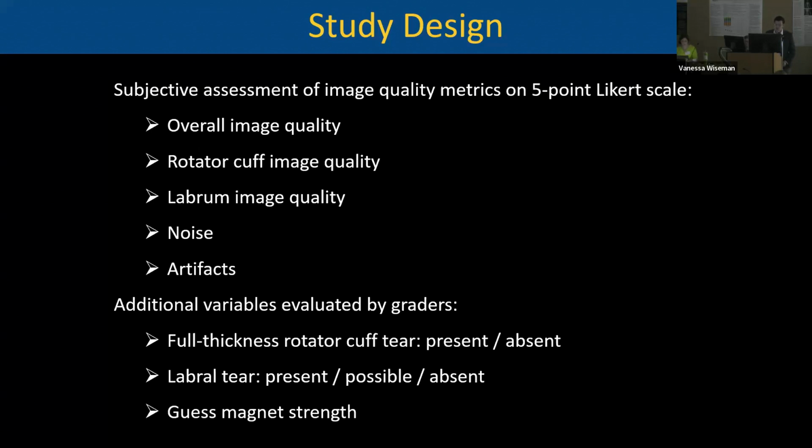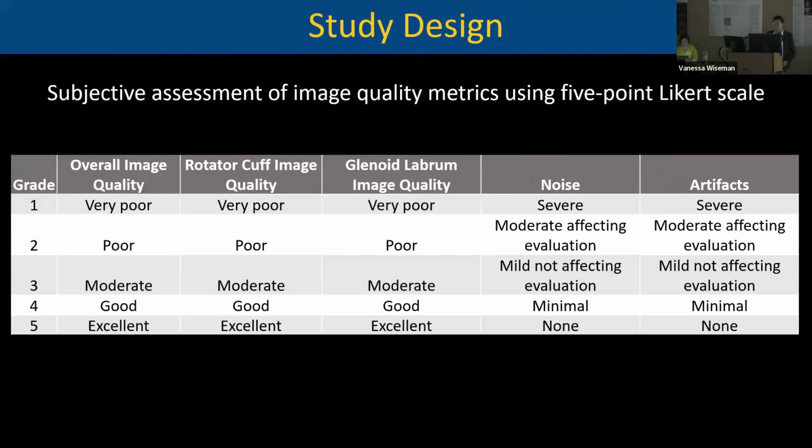There were some additional variables that each of the graders assessed, namely the full thickness rotator cuff tear graded as present or absent, labral tear graded as present, possible, or absent, and each grader also guessed the magnet strength or scanner type. This is just a table showing our 5-point Likert scale where a grade of 5 indicated the best image quality or no noise and artifacts.